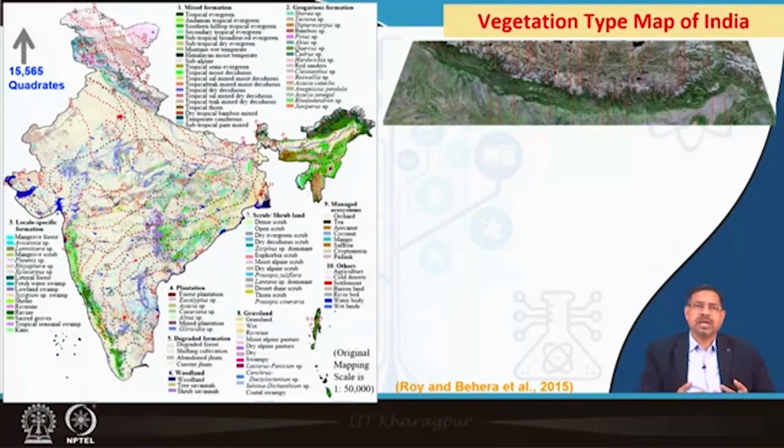and what this team has done is to try to classify the natural vegetation into several classes using satellite data.